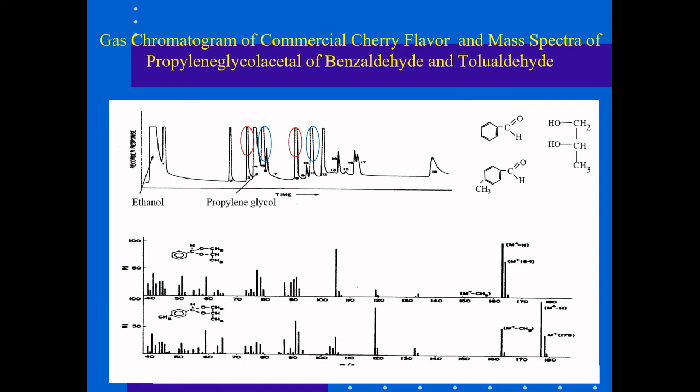So this chromatogram shows the commercial cherry flavor, and also the mass spec of the propylene glycol acetal of benzaldehyde, and also tolualdehyde, meaning the acetal formation due to the interaction between the cherry flavor and also solvent propylene glycol.